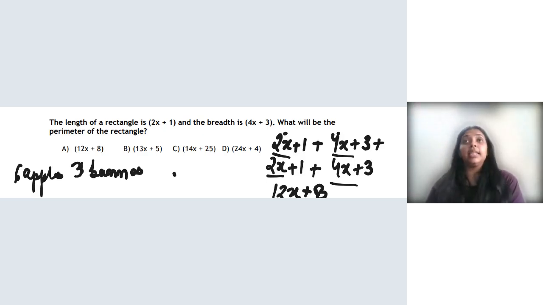Triangle. Rectangle and square both have 4 sides. What is the difference between a rectangle and a square? All 4 sides of a square are equal. And in a rectangle, only 2 sides are equal. The parallel 2 sides are equal.